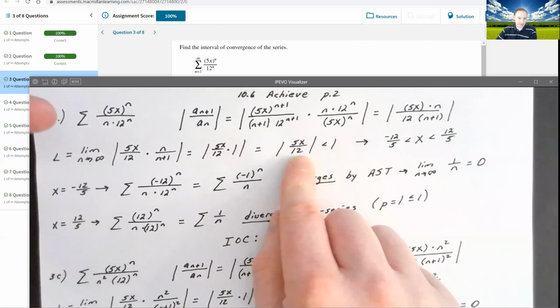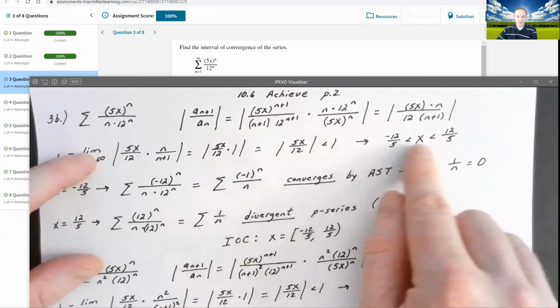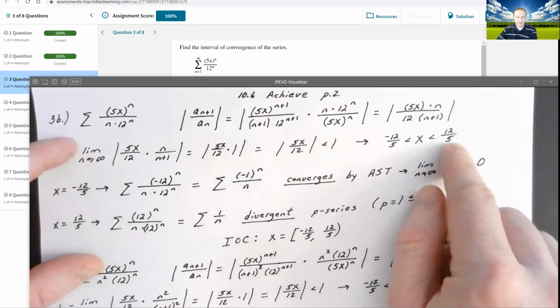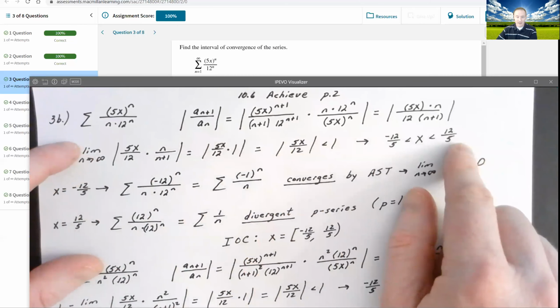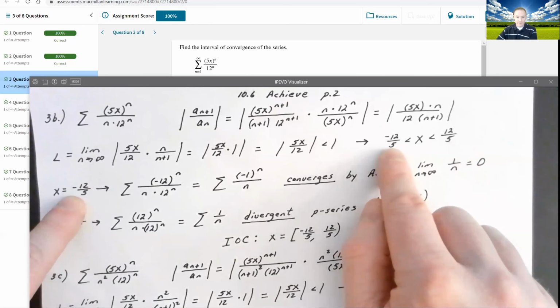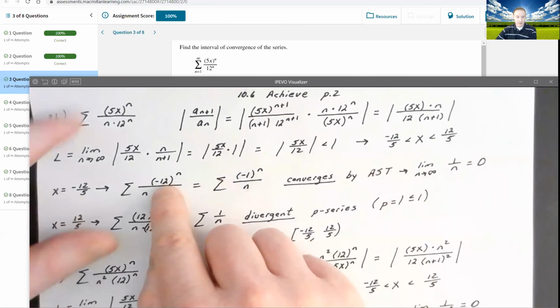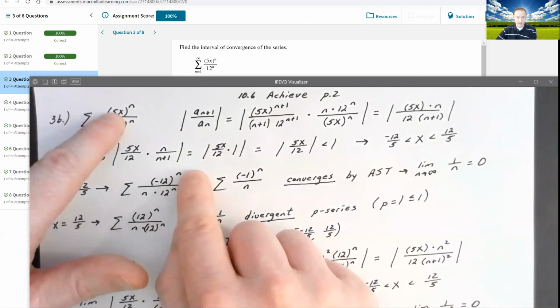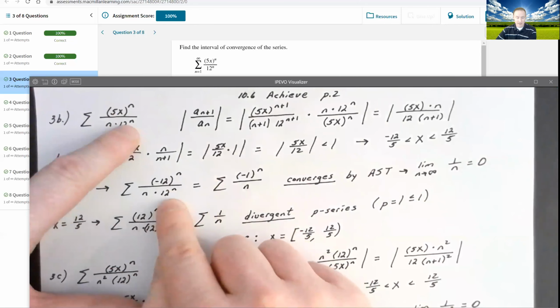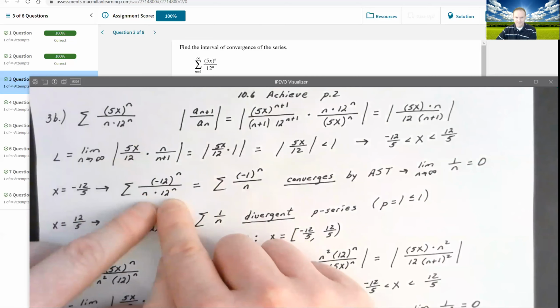And you can see, well, for that reason, I'll still have x has to be between negative 12 over 5 and 12 over 5. But I still have to check my endpoints. So this time I'm testing the negative 12 over 5 first. It's still going to give me a negative 12 to the n in the numerator. My denominator is going to be n times 12 to the n, since there's no x down there.